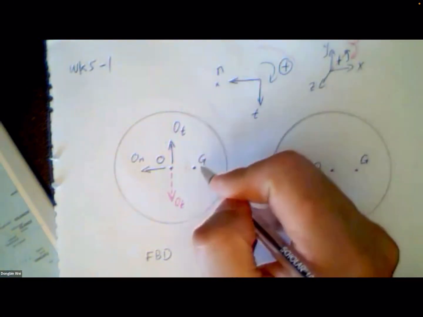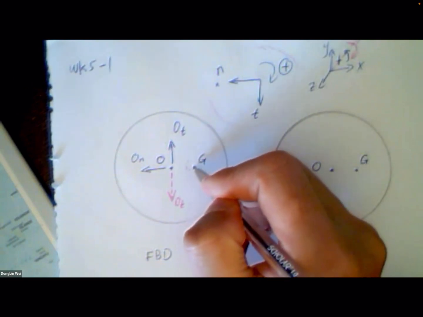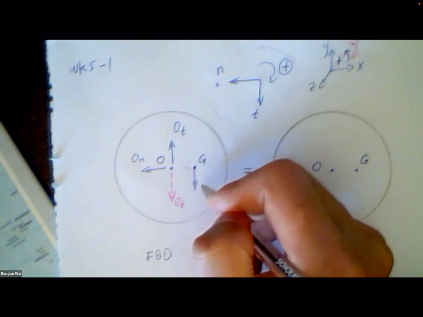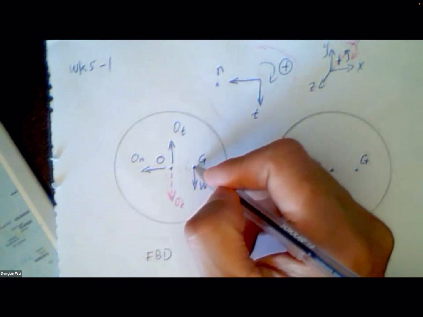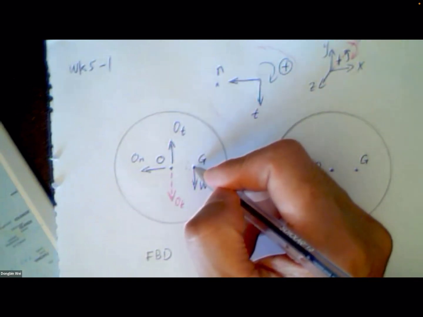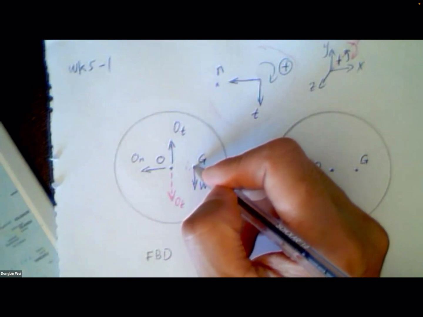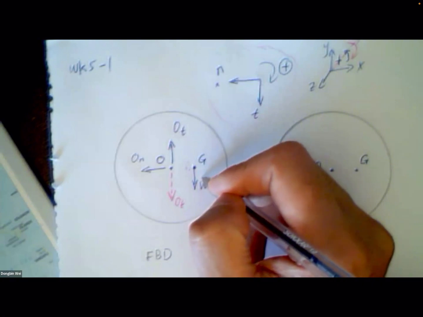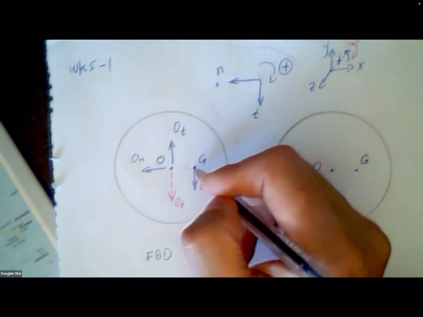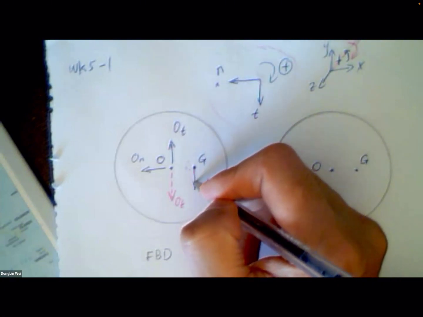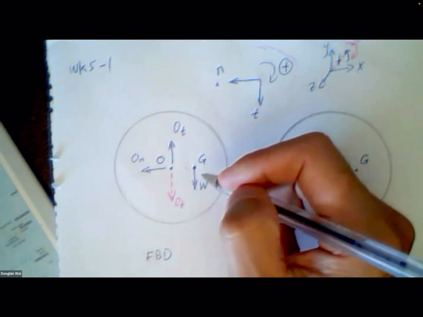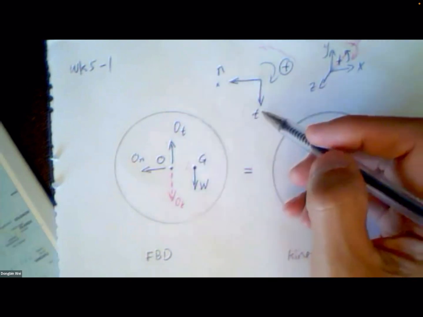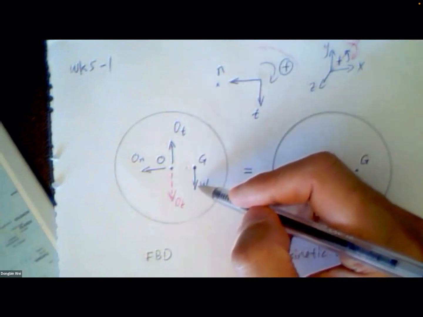Now, for gravitational force, W, or weight force, W. Of course, for this one, because we already know the mass of this flywheel, we can easily calculate the magnitude of this weight force, and we know the direction of weight force must be downward. So this means W in this coordinate system should be positive.